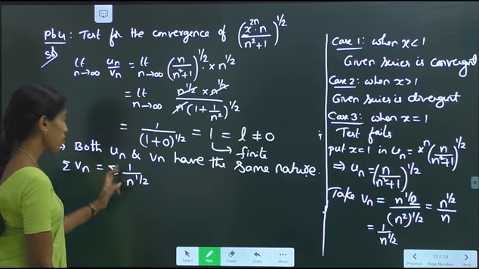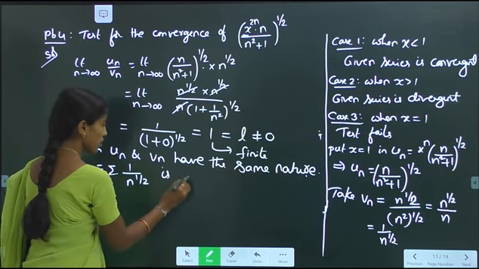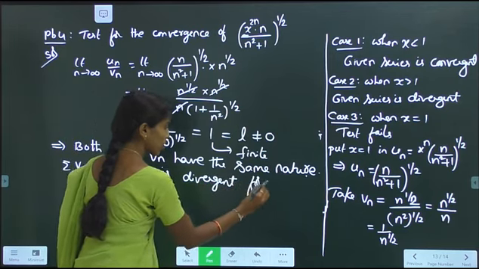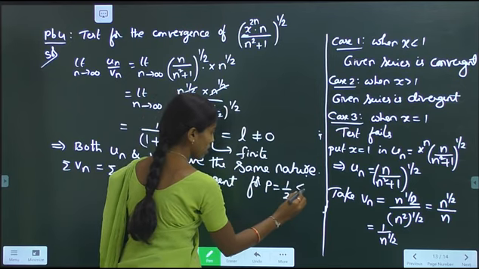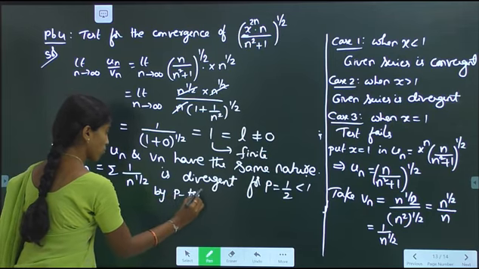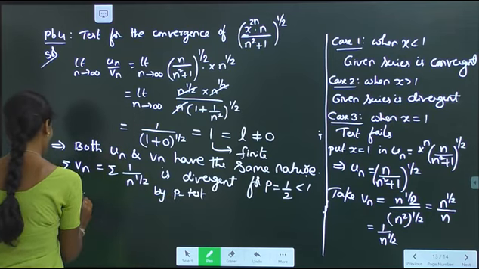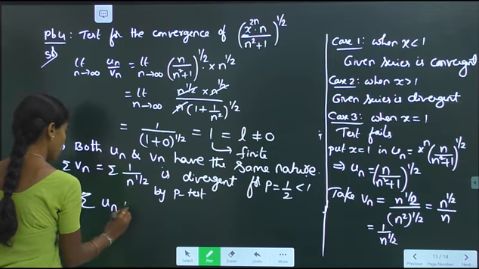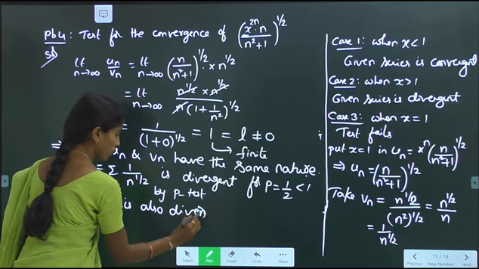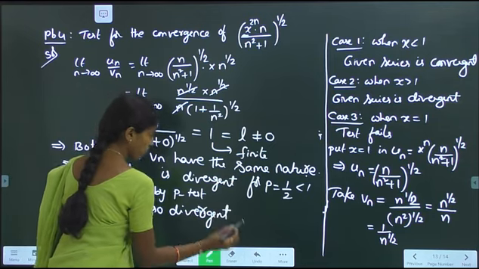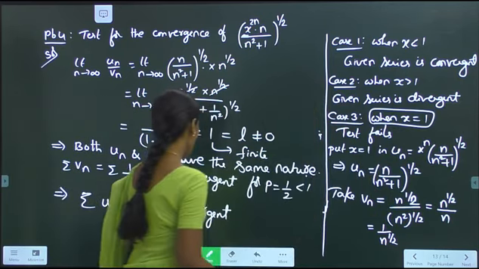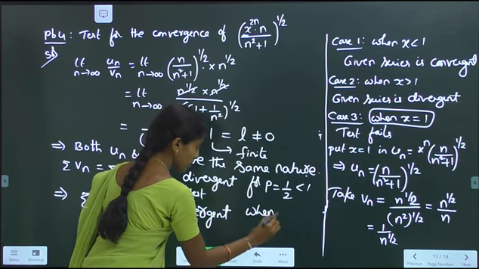It is in the form of sigma 1 by n power p, which is divergent for p equal to half, which is less than 1, by the p test. Implies sigma un is also divergent, but this is the case when x is equal to 1. So divergent when x is equal to 1.